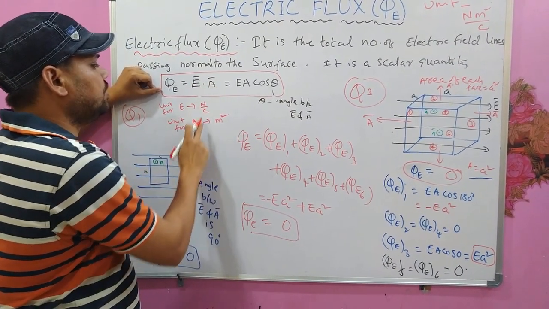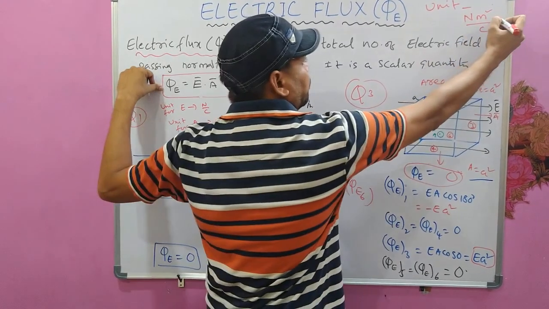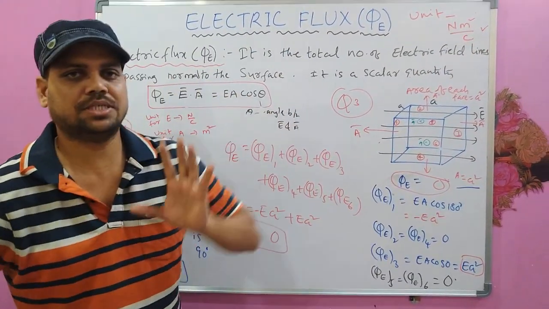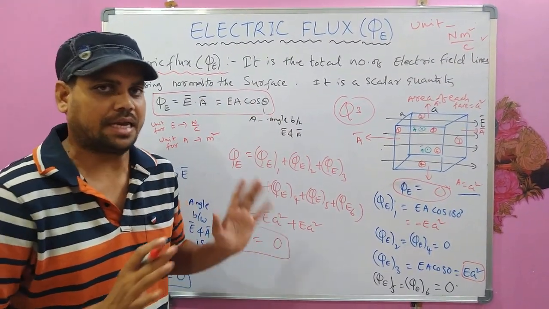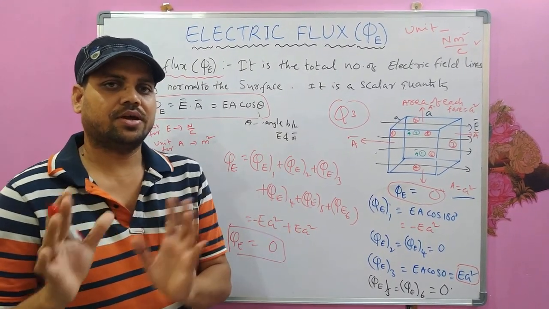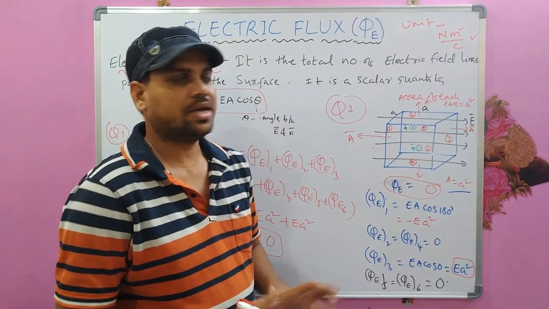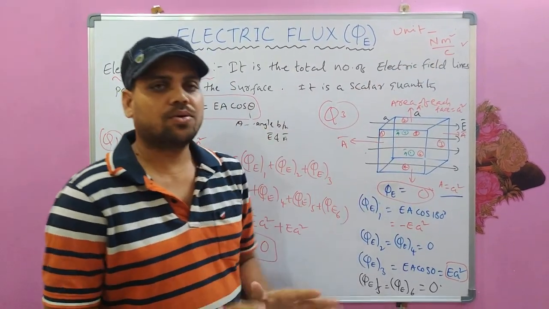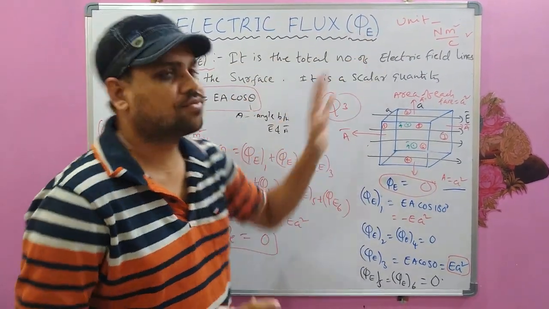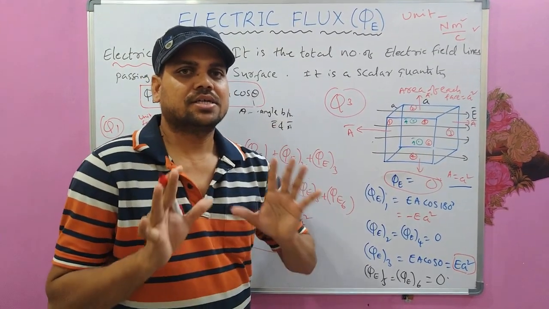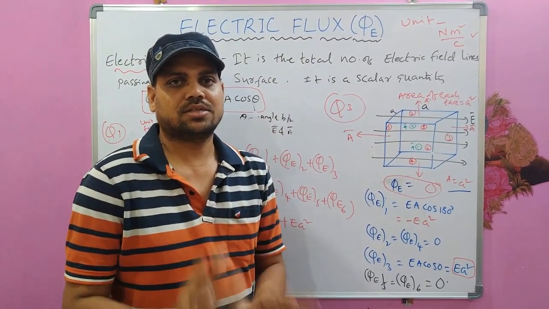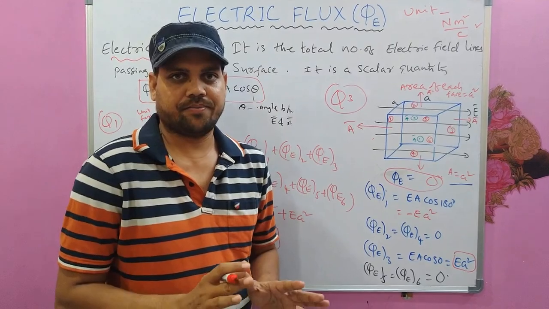So E into A gives Newton meter square per Coulomb. Whenever a problem is given to you to find the electric flux, you have to write units for the answer also. Newton meter square per Coulomb is the unit for electric flux, and it is a scalar quantity which does not have any direction.